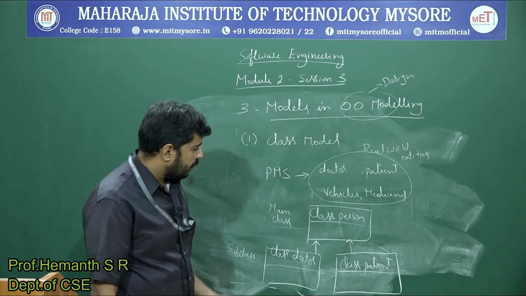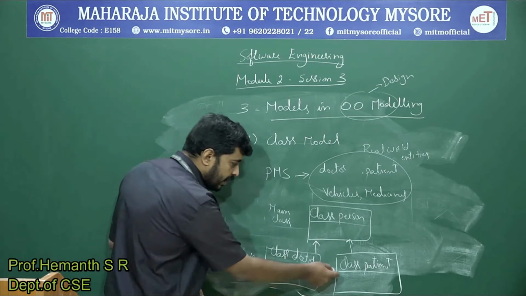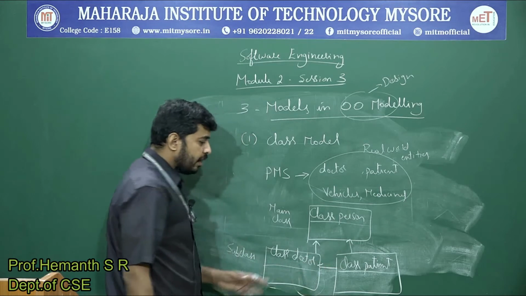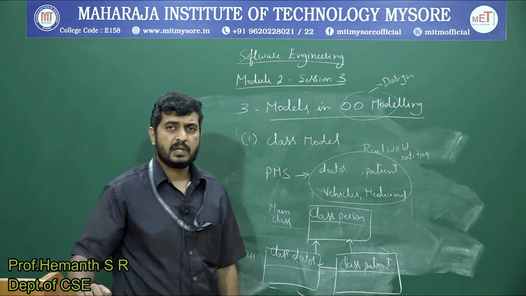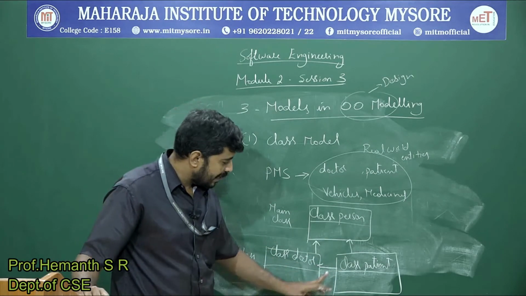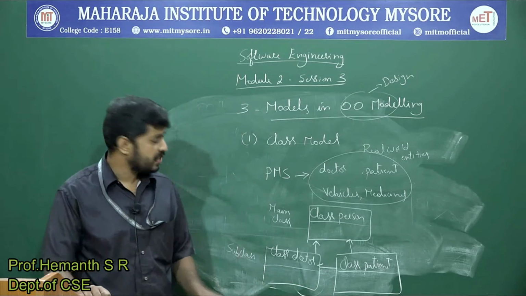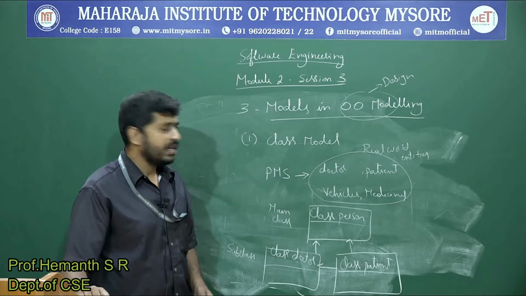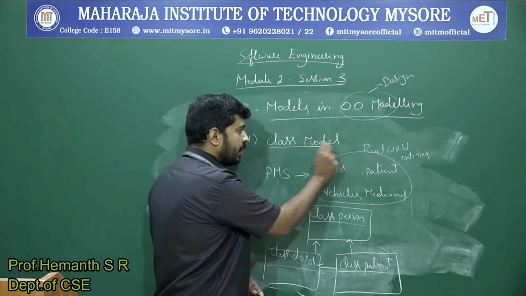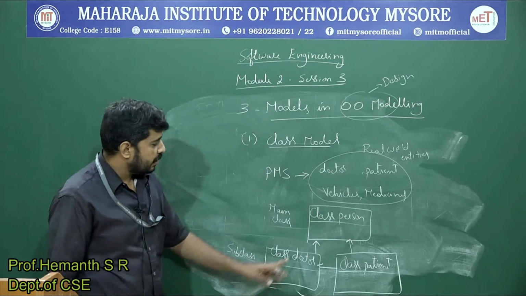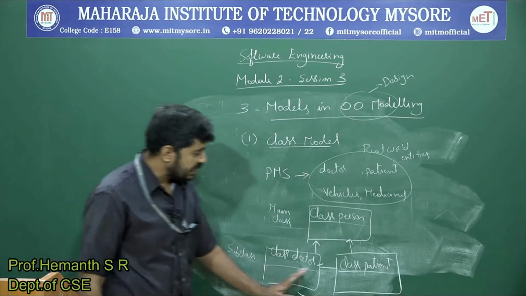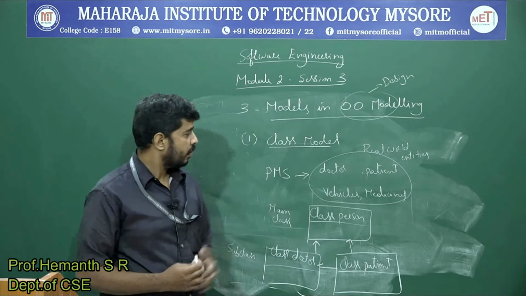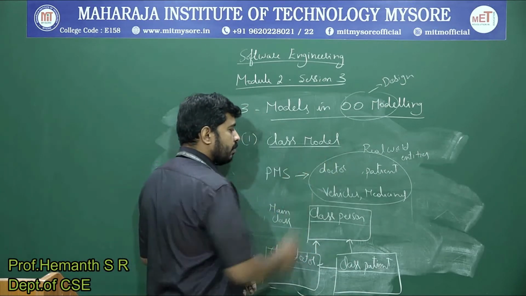For example, maybe how class doctor is related to class patient. Okay, so we represent that through lines. Also mark the relation. Many types of relationships are there, the detailing of which we will see later. The bottom line here is the class model helps us identify the different classes, subclasses, and how the classes and subclasses are related to one another. Okay, so this is the class model.